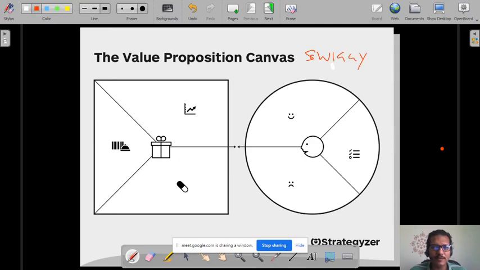We're going to fit it for Swiggy. This is your customer side, and this is your entrepreneur side.